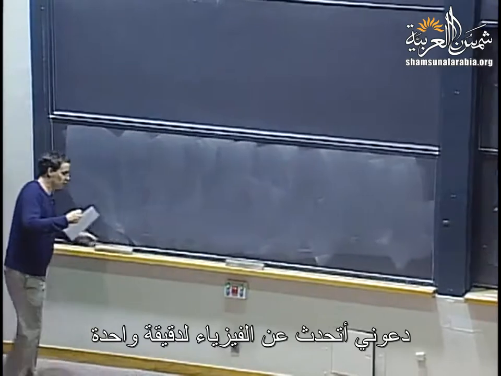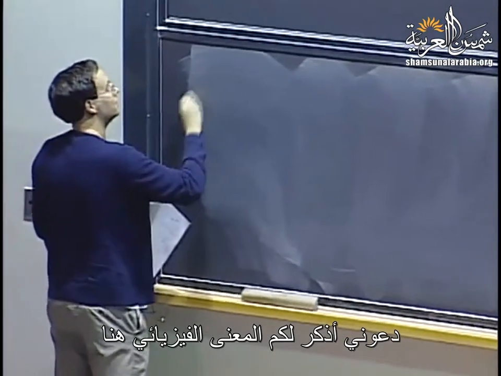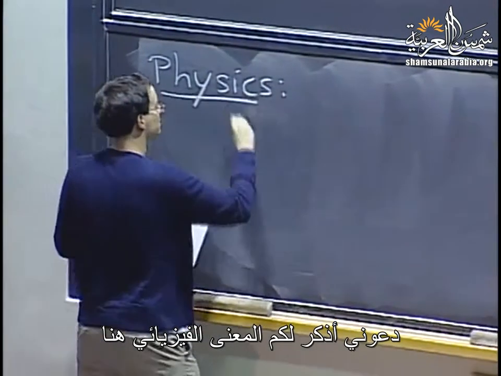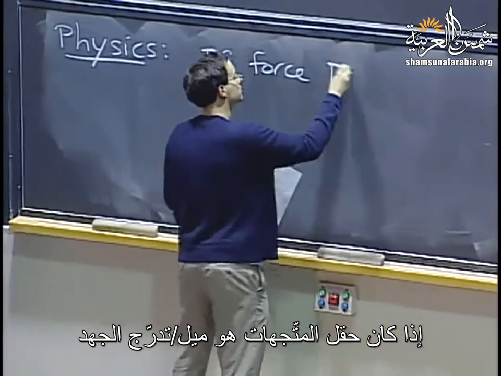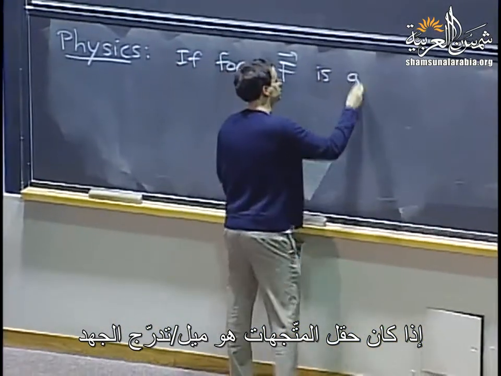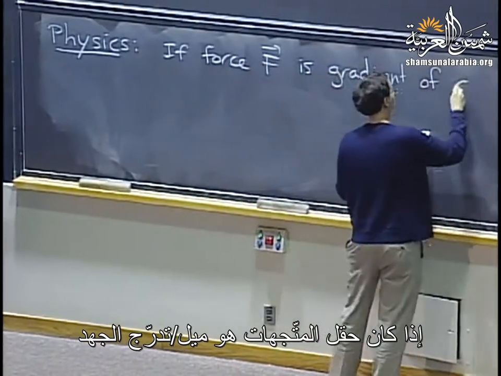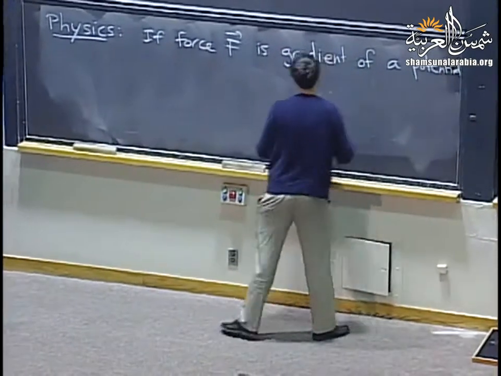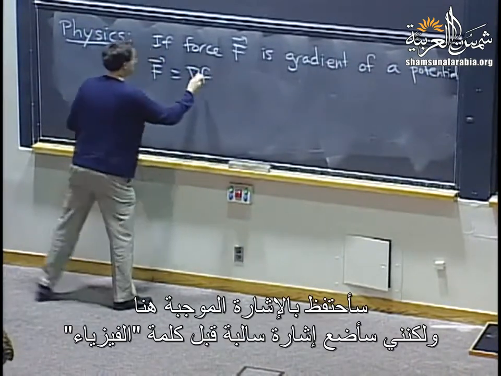Actually, let me first do 1 minute of physics. So let me just tell you again what's the physics in here. So if a force field is the gradient of a potential, so I'll still keep my plus sign.